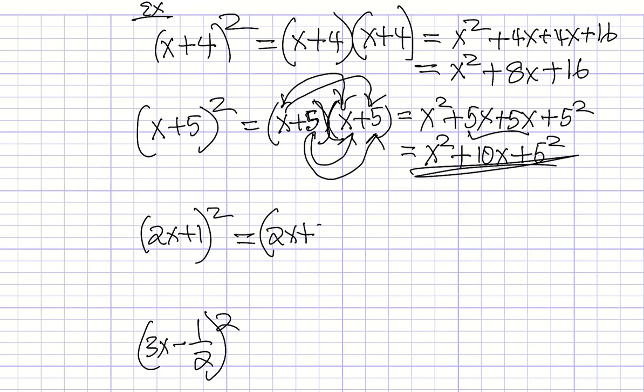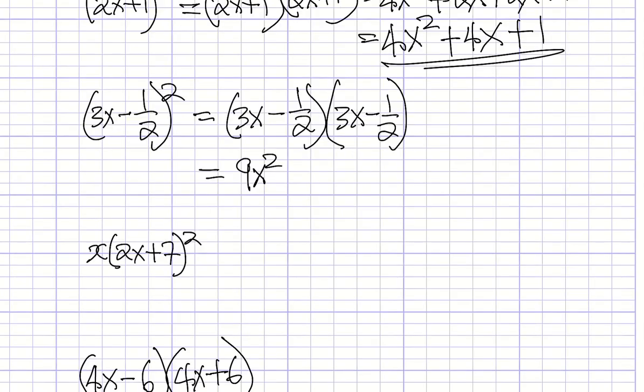2x plus 1 times 2x plus 1. That's what that stands for. You multiply it twice. 3x times negative half, what do you get? Let's write it out. 3x times negative half. You can write it out that way to see if that helps you.